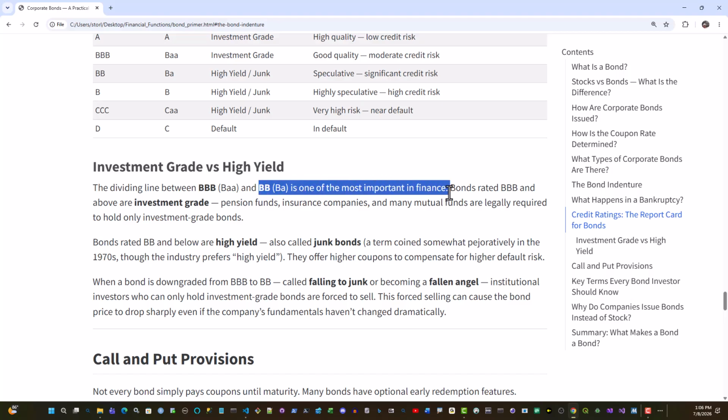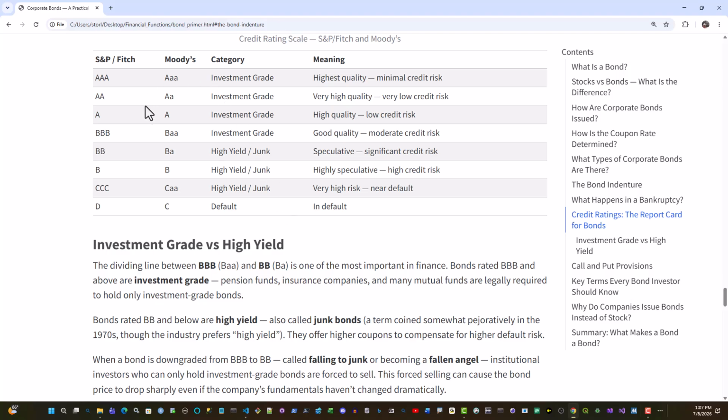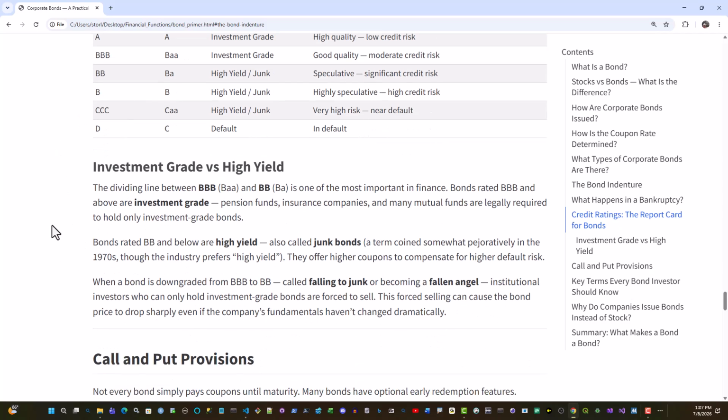It is one of the more important parts for a company, because either it's investment grade or it's not. Pension funds, for example, and insurance companies need to hold only investment grade bonds. So if the grading agencies downgrade a bond issue, that might be very risky for a company.